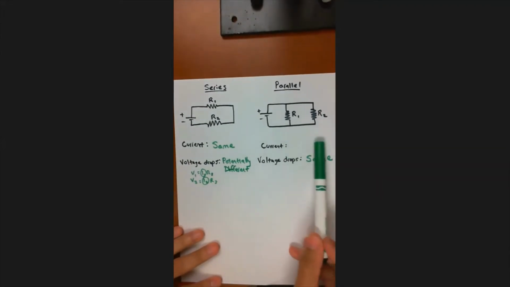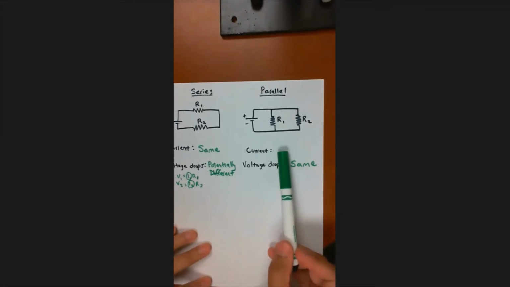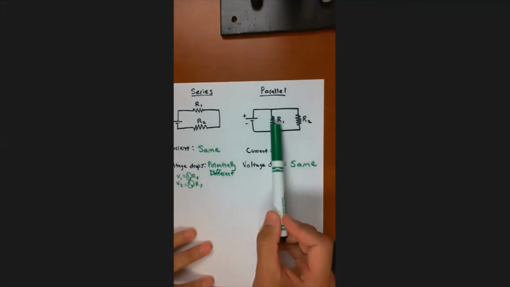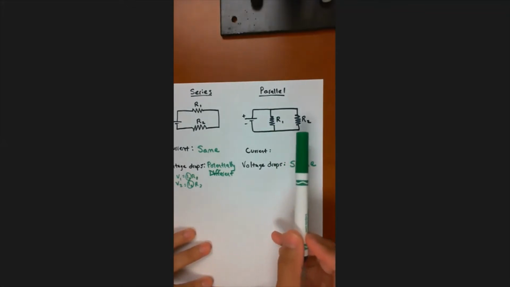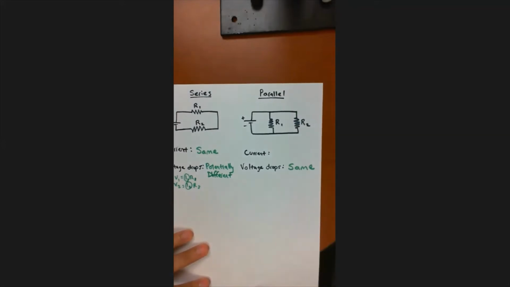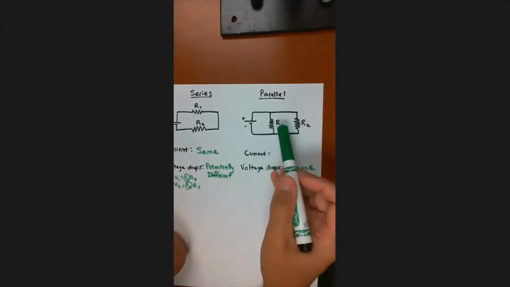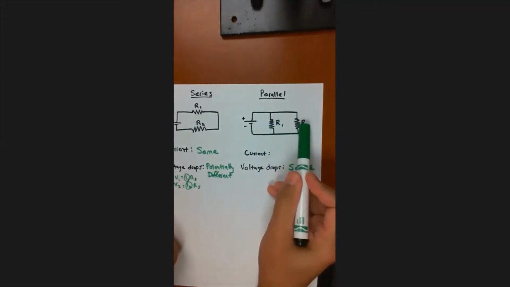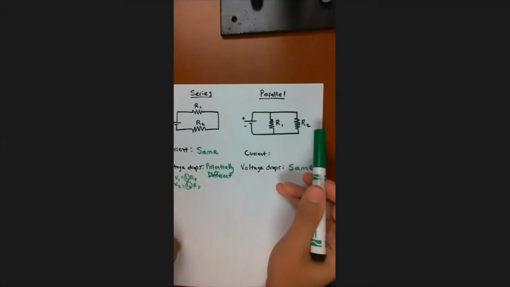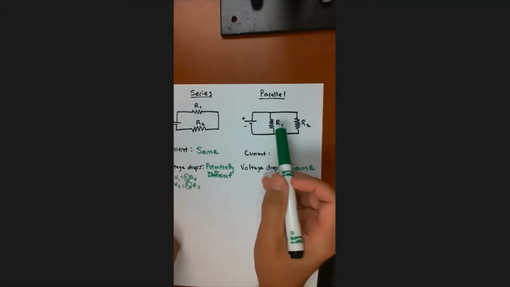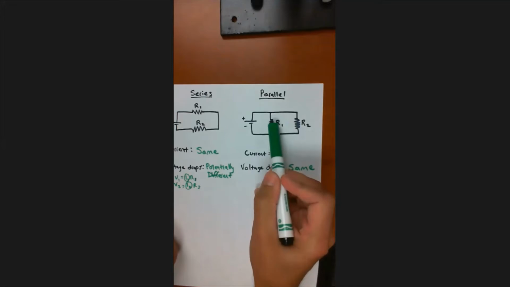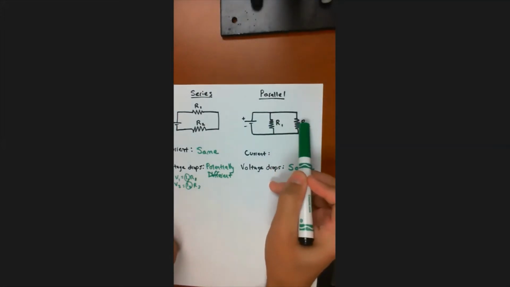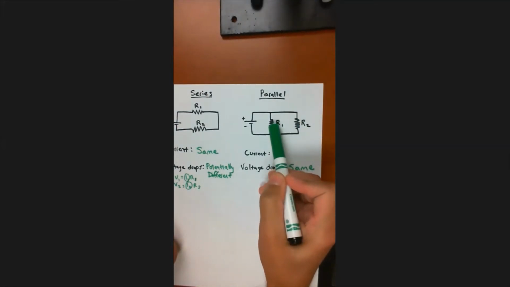The last one here is, let's talk about the current flowing through R1 versus the current flowing through R2. This one is probably pretty intuitive. Again, there's nothing that says that R1 has to be the same as R2. If R1 is much bigger than R2, that means R1 is going to have a much larger restriction to flow.